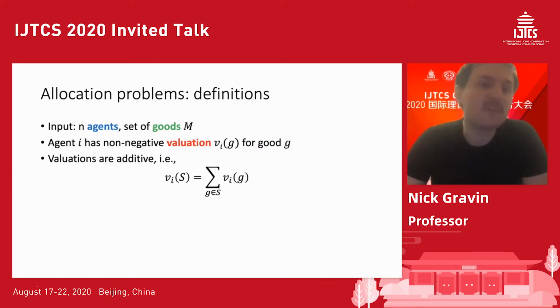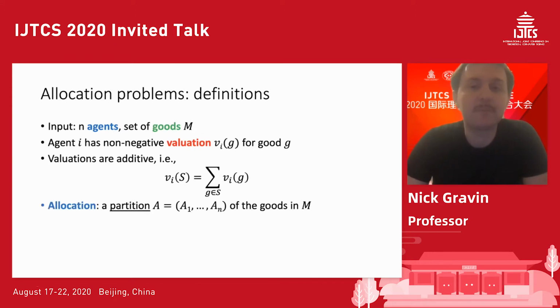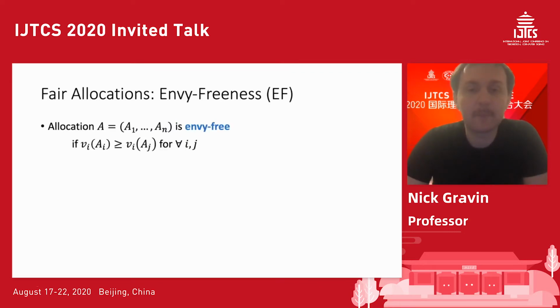And formally, when I say that valuations are additive, it means that the value of agent i for the set S is just the sum of values of the individual items in the set S. So how much agent i values each good g in the set S, and we simply add them up. An allocation is just a partition of the set of goods into n disjoint bundles that cover the whole set, and we assign the set A1 to the first agent, set A2 to the second, and so on.